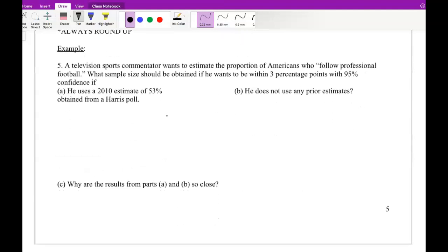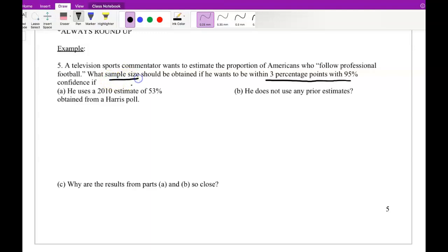So example, television sport. Here we have: estimate the proportion of Americans who follow professional football. What sample size should be obtained if you want to be within 3 percentage points with 95% confidence?